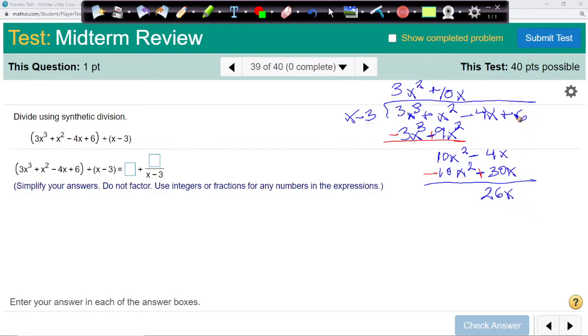I guess, yeah, then bring down the 6 all the way, right? Makes it easier. There's a better way to do it. So we're going to multiply by 26. So 26 times x gives us 26x. 26 times negative 3 gives us negative 78.